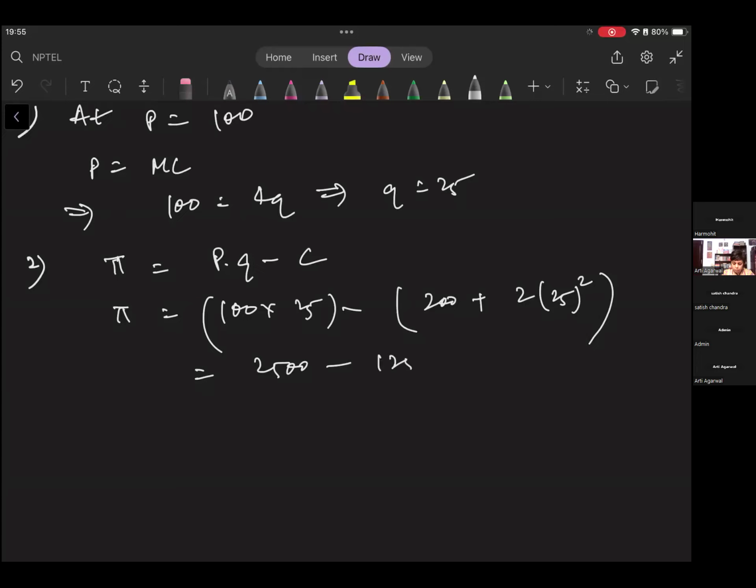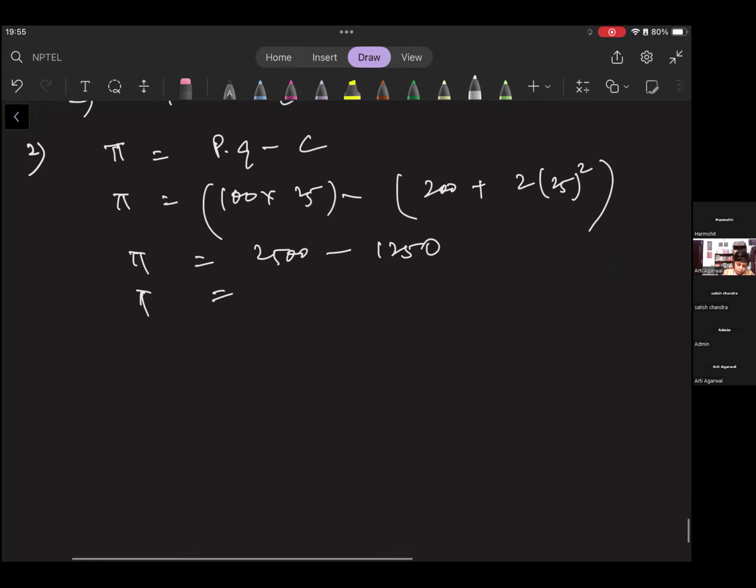This is 1250. So profit is also equal to 1250.